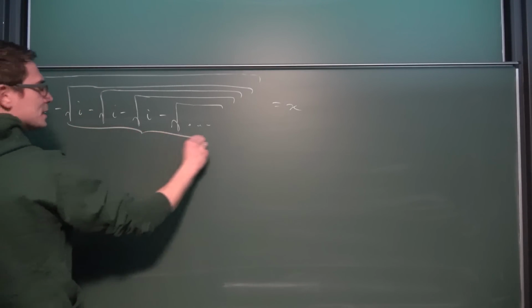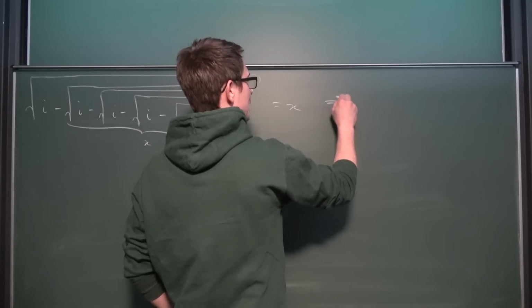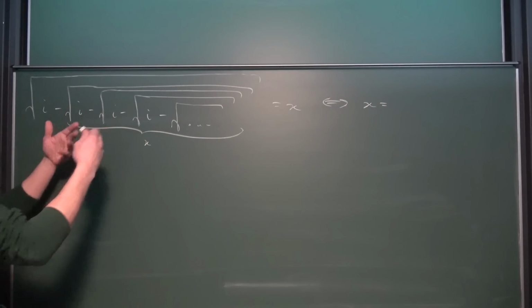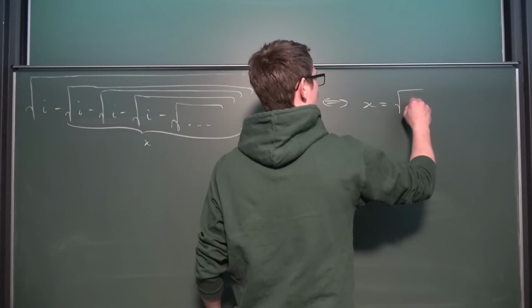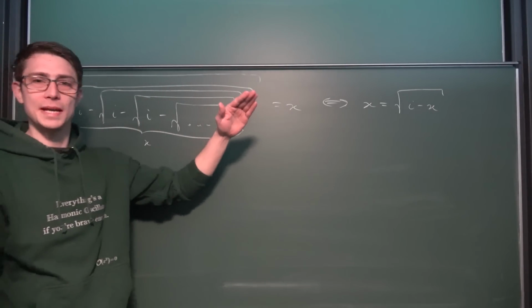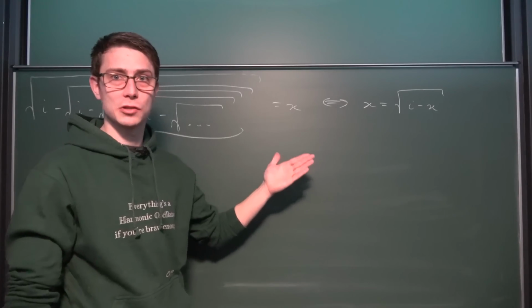So by declaring that this part right here is equal to x, we end up with the following relationship, namely that x is recursively defined as the square root of i minus x. And this immensely simplifies our problem in a normal case. And now we can just solve for x.